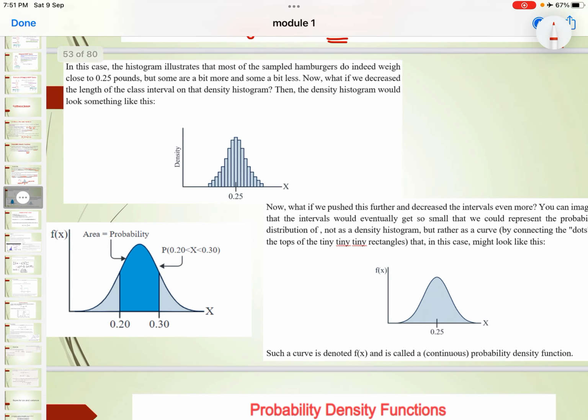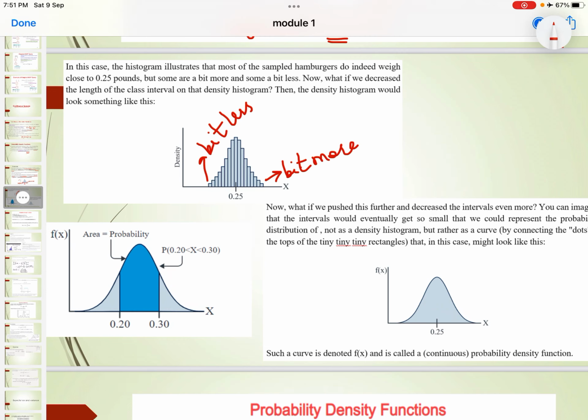In this case, the histogram illustrates that most of the sample hamburgers do indeed weigh close to 0.25 pounds, but some are a bit more and some are a bit less. Now what if we decrease the length of the class interval on the density histogram?